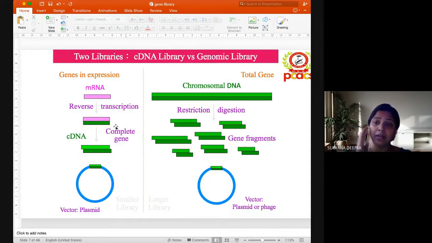It is seen to it that the complete gene is converted into cDNA and then inserted into your plasmid or lambda phage, whatever vector you have. In the case of chromosomal DNA, you can again use plasmids or phages, and a larger library is going to be used.